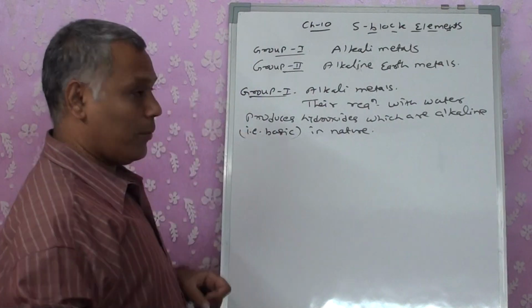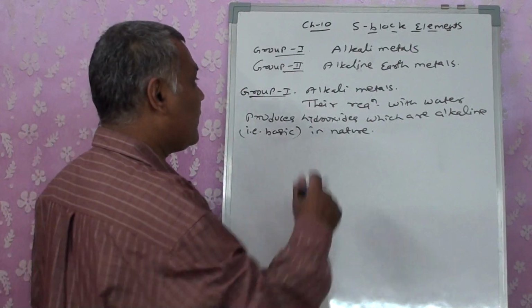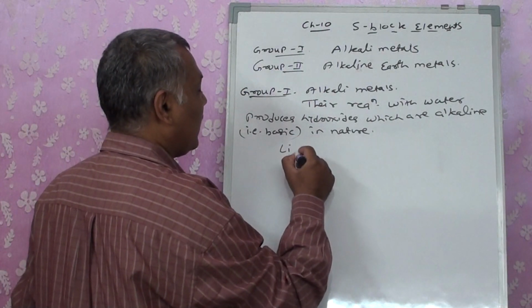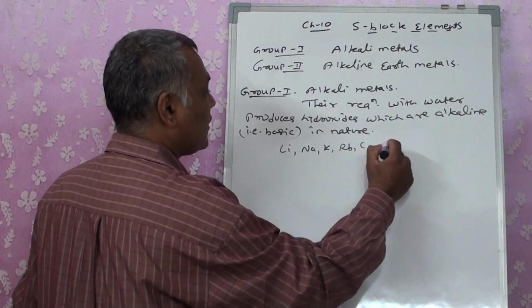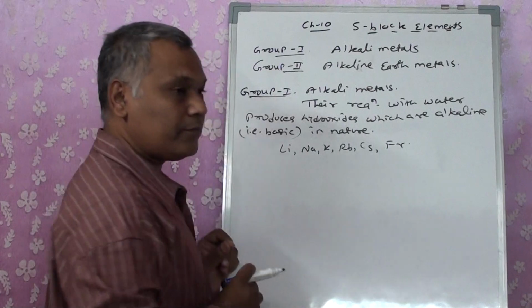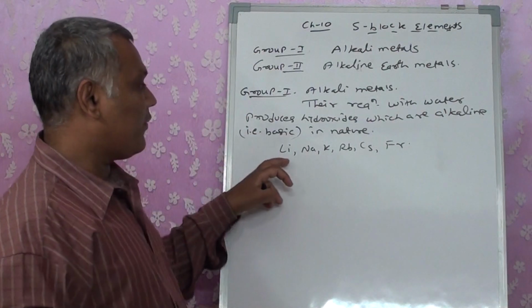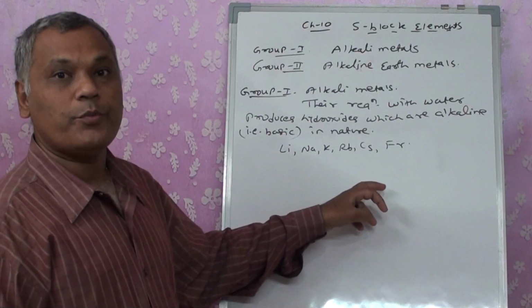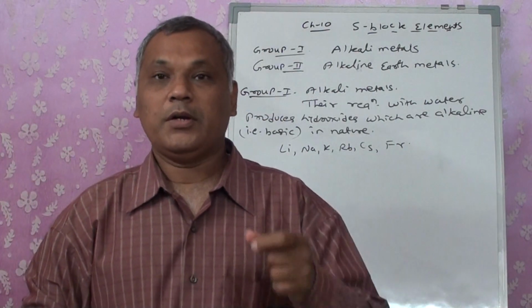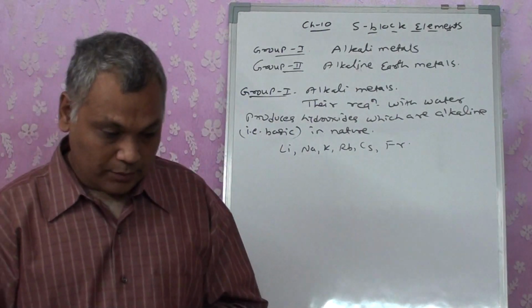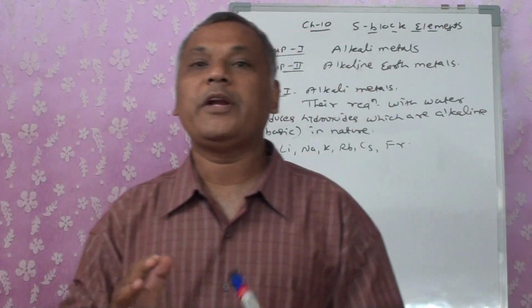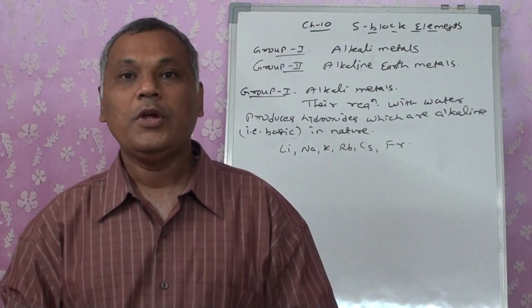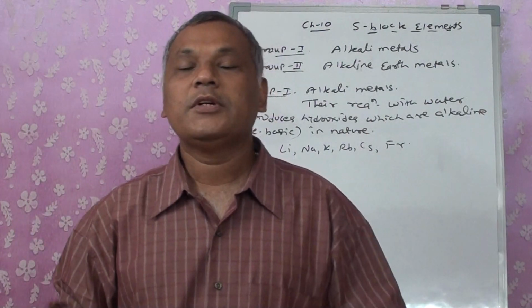If we talk about this group, which elements are present in it? Li, Na, K, Rb, Cs, Fr. That is, lithium, sodium, potassium, rubidium, cesium, francium. Hydrogen is also a part of it, but as we know, the position of hydrogen in the periodic table is not completely satisfactory for the first group, nor for the 17th group.